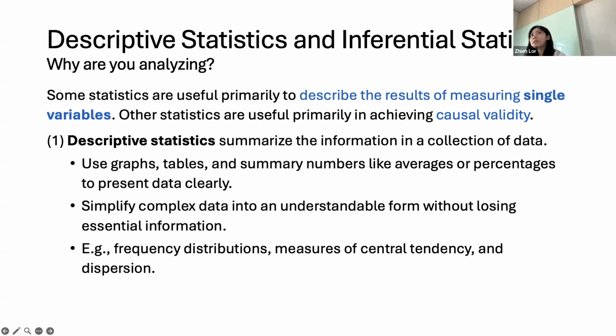Sometimes it is really useful when we try to describe something, like the gender differences, how many women are in this data, as well as the average height of a certain gender. So we try to understand one single variable, just one single variable, for descriptive statistics.